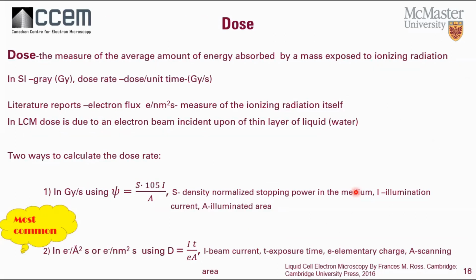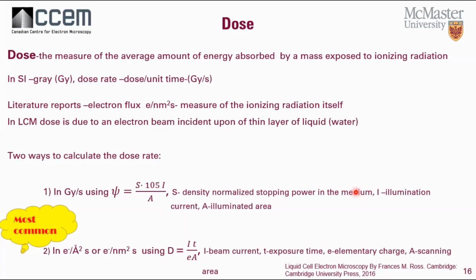So one of the most important parameters using the liquid cell microscopy, and everybody talks about that, is the dose. The dose, the term that usually is used in physics or in medicine, is the measure of the average amount of energy absorbed by a mass exposed to radiation.